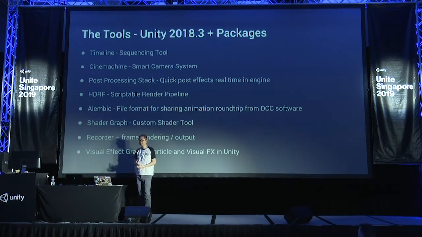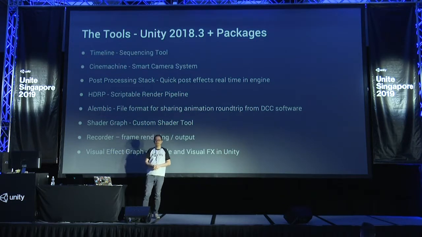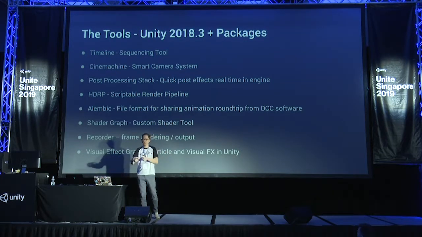And it's difficult to create this kind of animation with simple FBX or simple skeletal-based rigs. So instead, we use Alembic Cache, and we have an Alembic Cache plugin that you can use to export Alembic Cache and import to Unity. And we use Shader Graph to create custom shaders, and the Recorder to record and output the final shot into a video format.